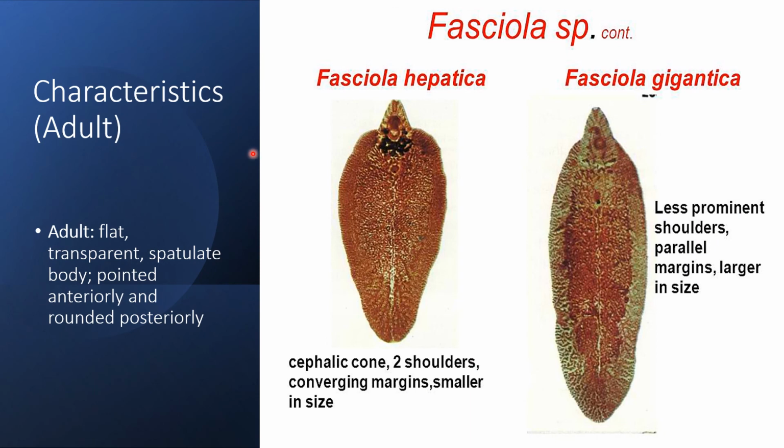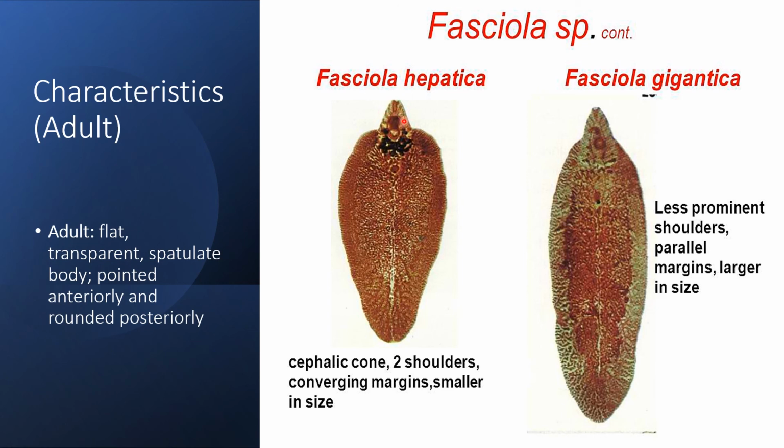So to differentiate your Fasciola hepatica and gigantica, both of them are flat, transparent, spatulate in body, pointed anteriorly, and rounded posteriorly. Okay, so for your Fasciola hepatica, the cephalic cone, this one. This is the cephalic cone together with the base.